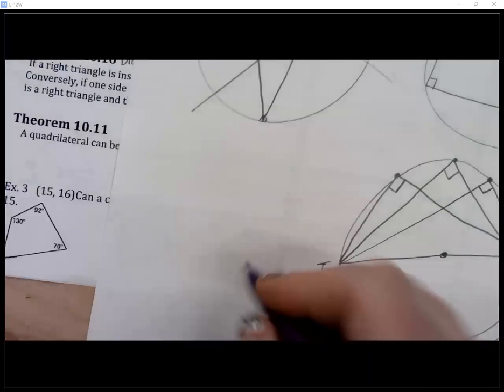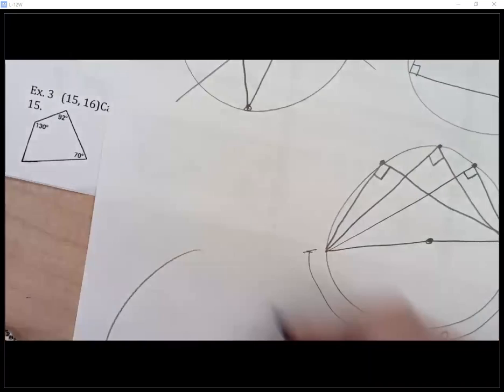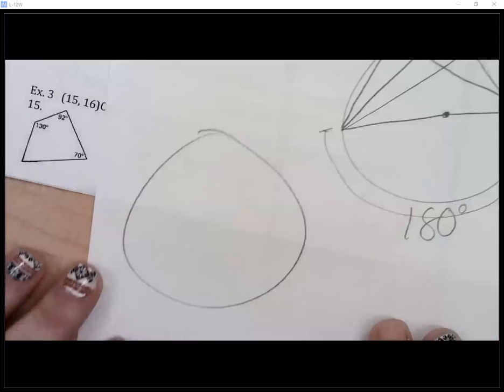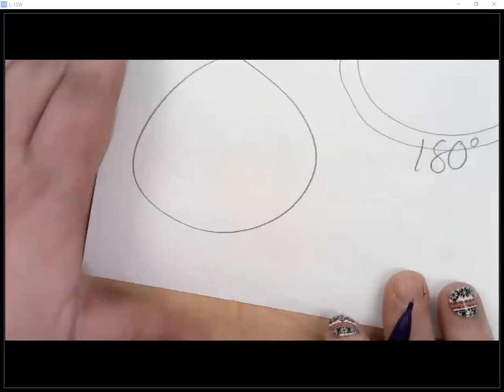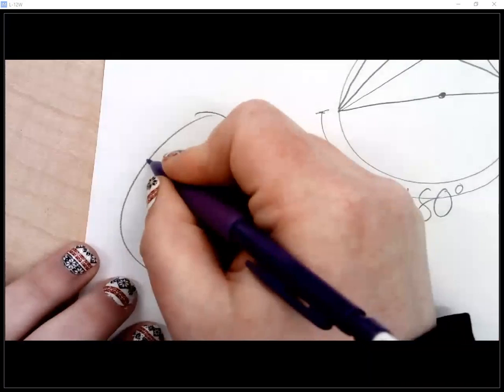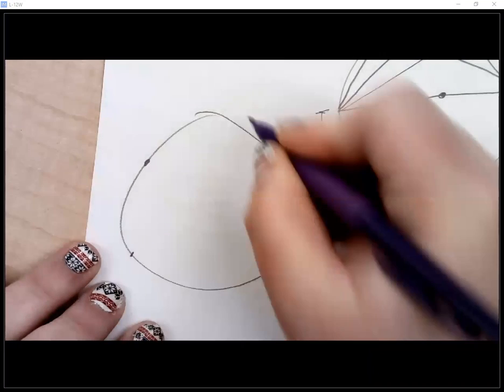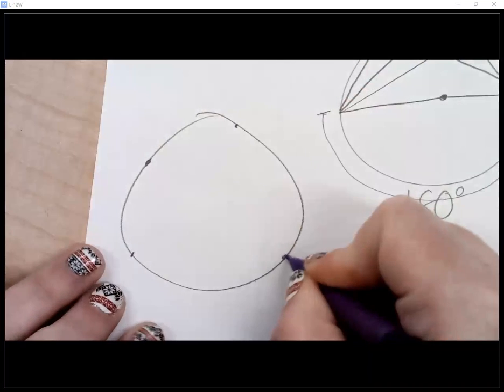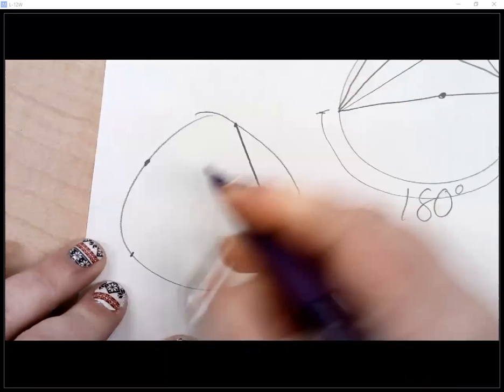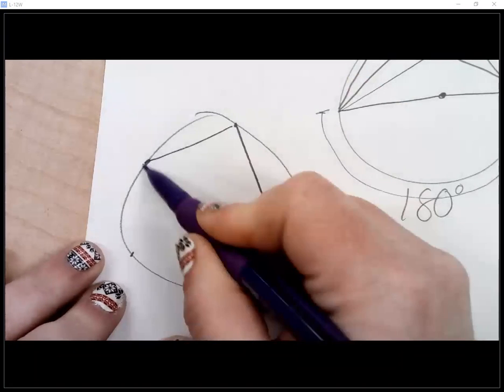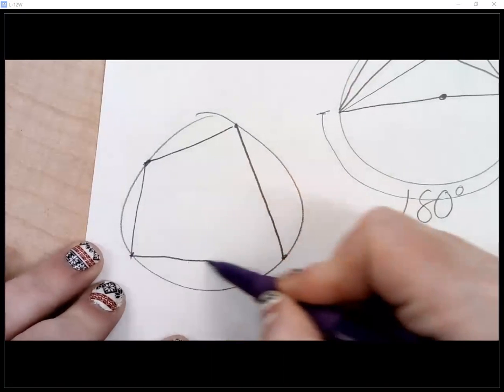So let's look. I'll just draw some random four-sided figure inside this circle. So I'll just pick 4 random dots. 1, 2, I'll put a 3 here and a 4 here. So this is just some random 4-sided figure, right?